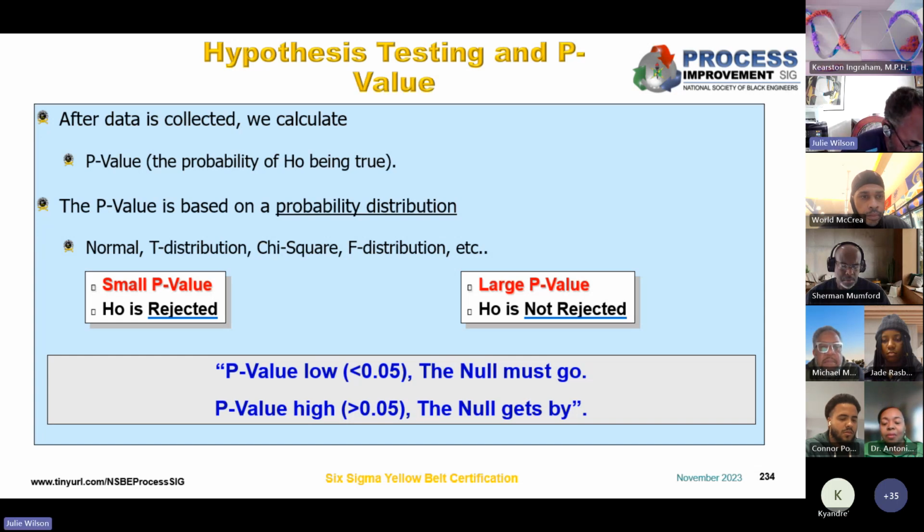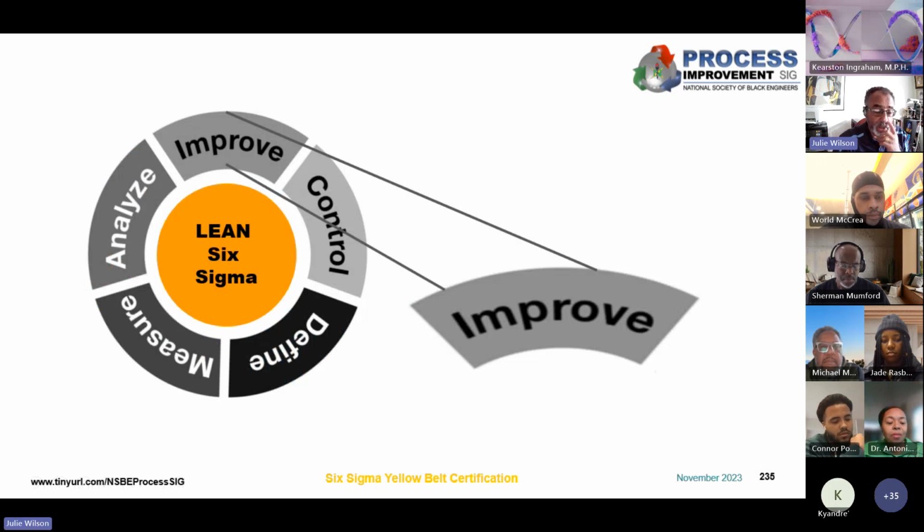Other questions or comments? All right, so now we can use hypothesis testing to confirm whether or not what we're seeing in graphs is actually true, and to factually say that these are factors that are critical.